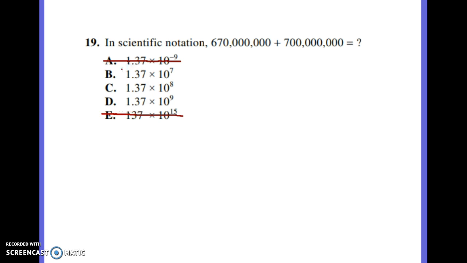So when you are ready to make that computation, you can think of this number as being 6.7 times 10 to the 8th power. And you're going to add to that 7 times 10 to the 8th power.